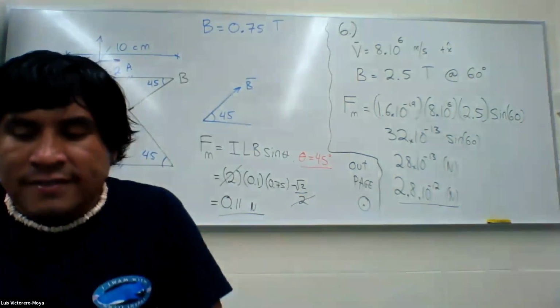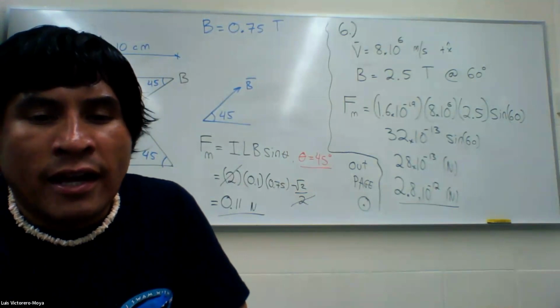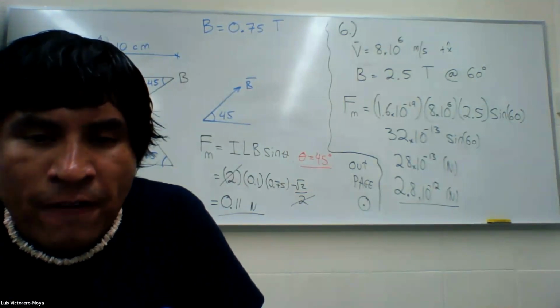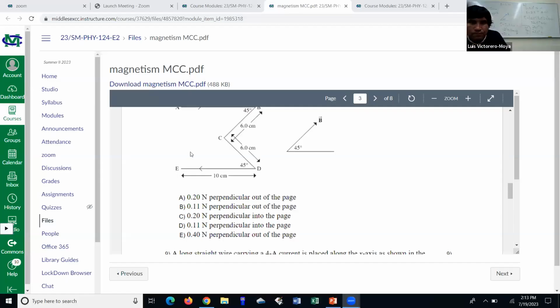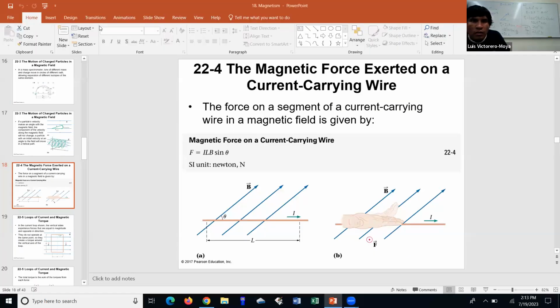But let's keep looking at what other applications we can find. So we already did this. I want to use the slides for this because this section is important, but it's normally not really evaluated. But you need to know it because we still use this when we talk about induction and motors.